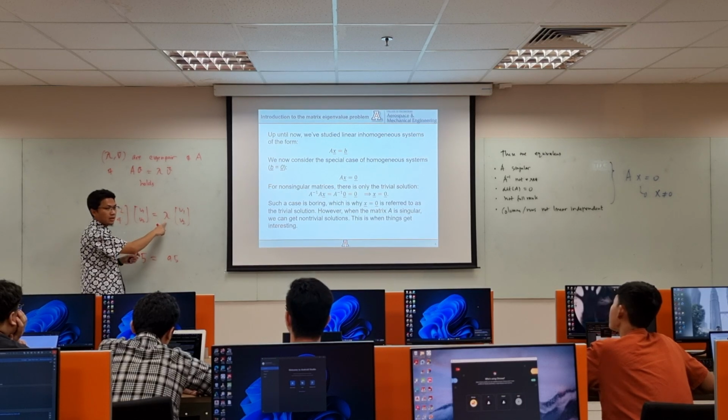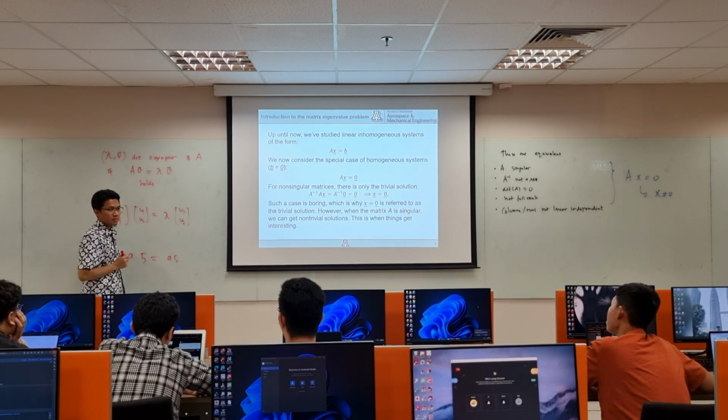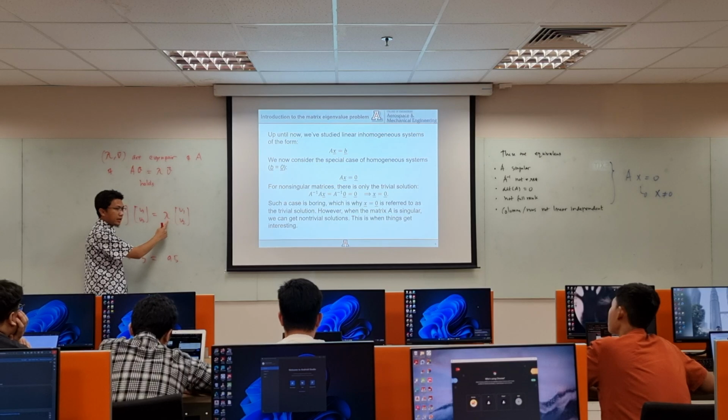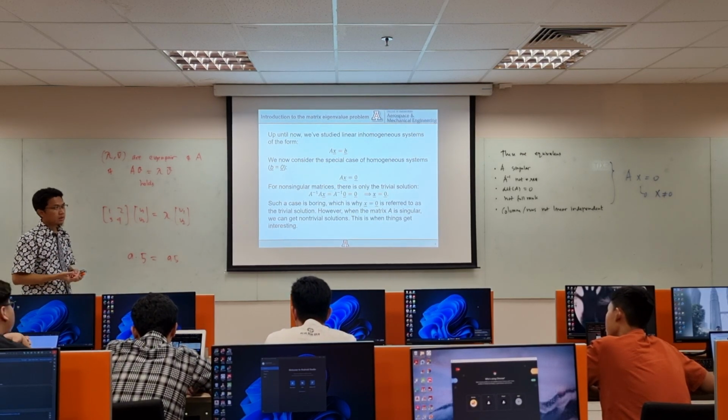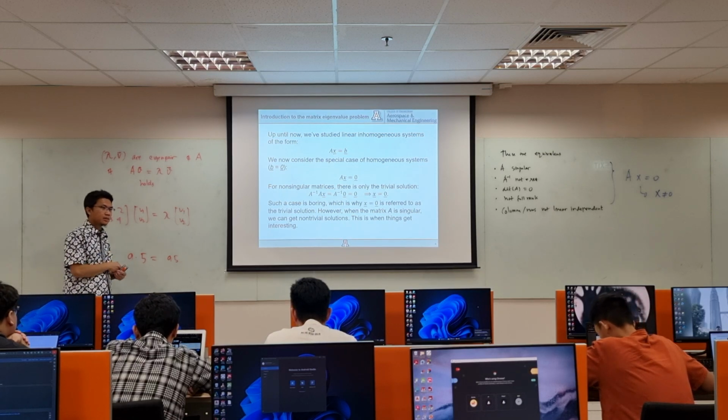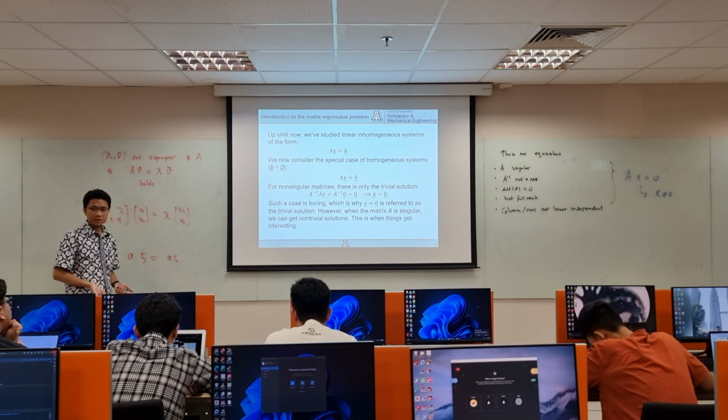The scaling is the eigenvalue. Lambda can be 0, can be 0.1, can be minus 10. It can be a complex number.